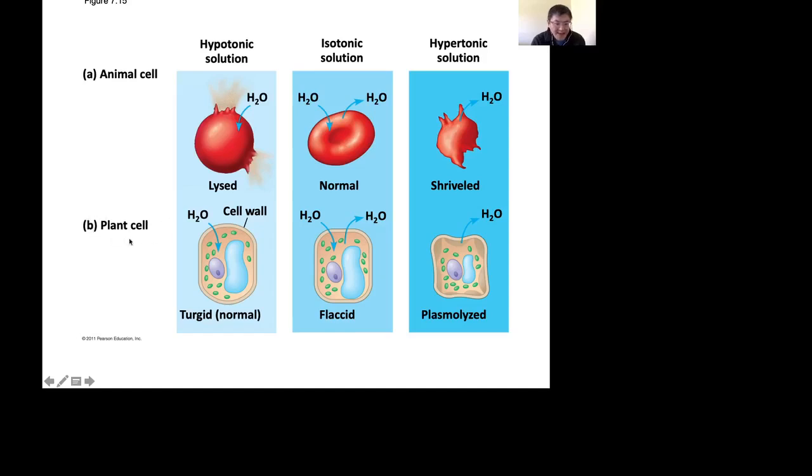However, for plants, that's different. Plant cells actually like pure water, like the hypotonic solution. That's because they can absorb more water, since the osmolarity inside of the plant cells is higher than the hypotonic solution.